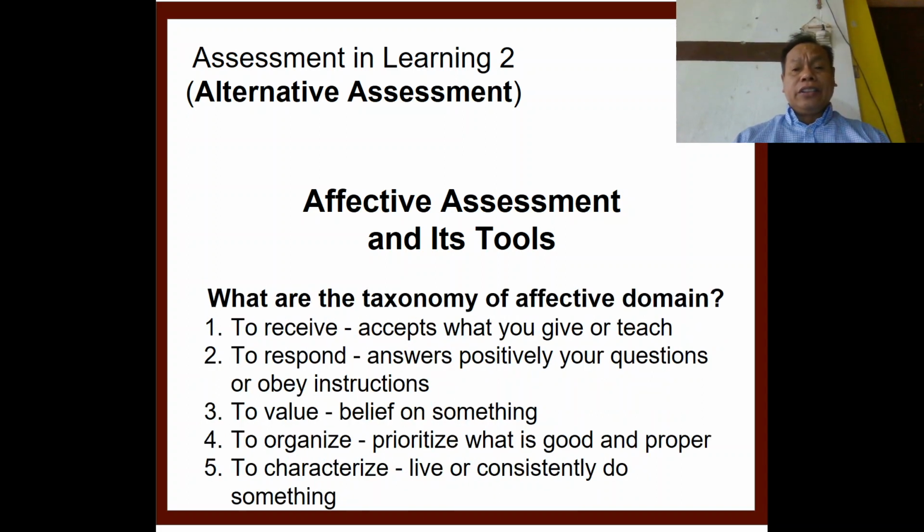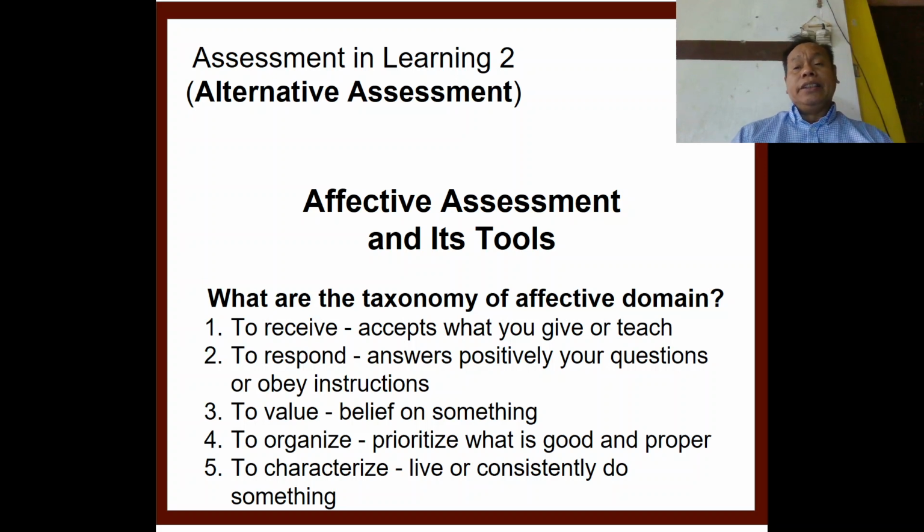What are the taxonomy of the affective domain? There are five. To receive, which means a person or a student accepts what you give or teach. To respond, which means students or a certain person answers positively your questions or they obey instructions.